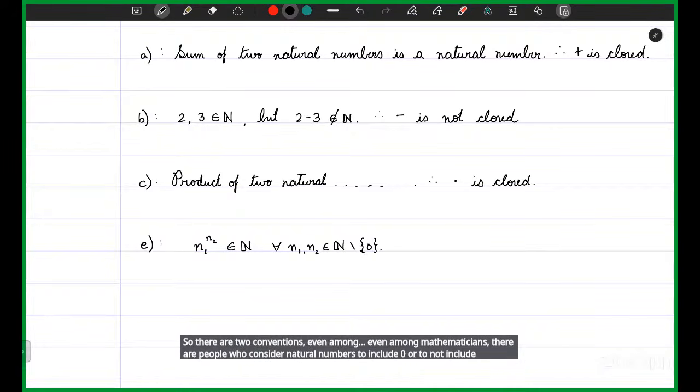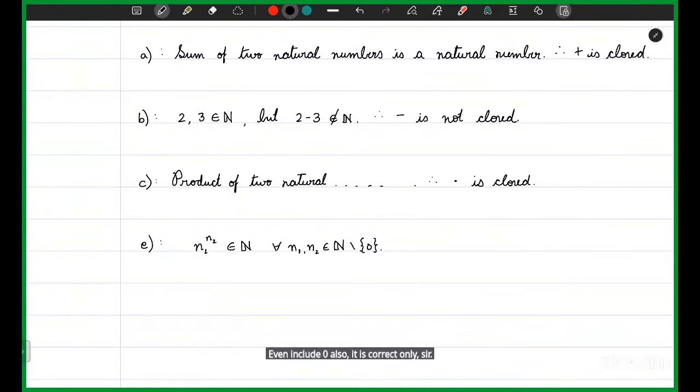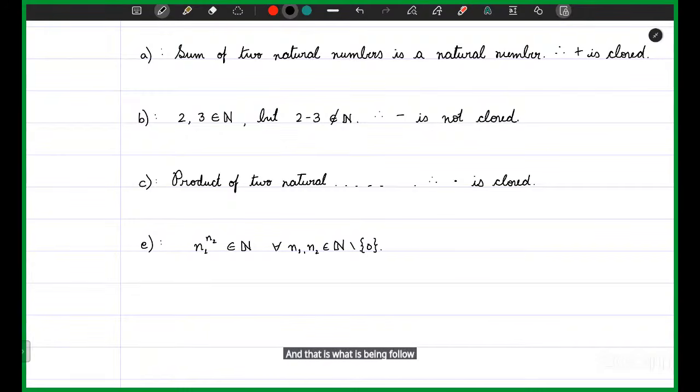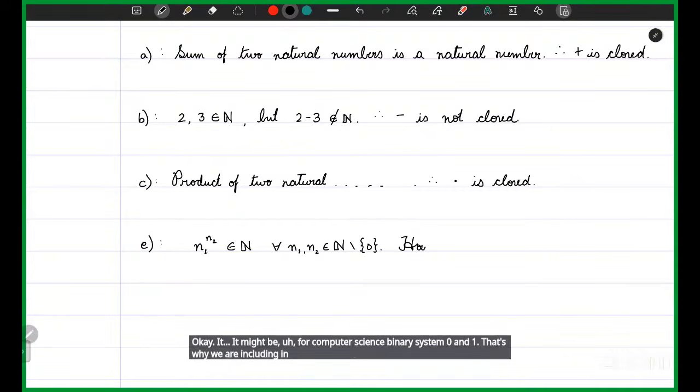Including 0 is, I think, the more modern terminology, and that is what is being followed in this course. It might also be for computer science, binary system 0 and 1.